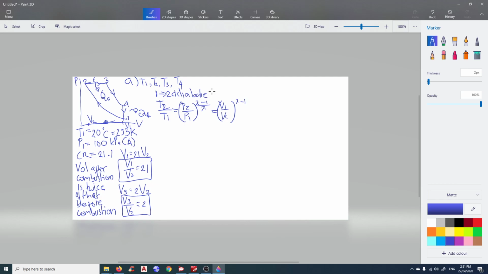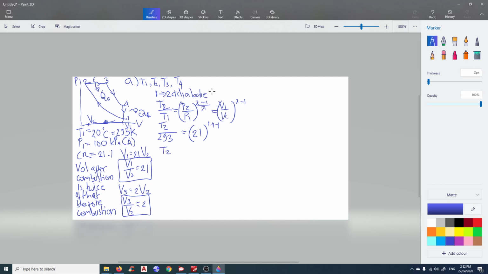In this case, I'm not going to use P2 over P1 because I don't know what the pressure at point 2 is, but we know V1 over V2 is 21. We know the adiabatic index for air is 1.4. So T2, that's what we're after. T1 is 20 degrees Celsius, 293 Kelvin, multiplied by 21 to the power 1.4 minus 1.